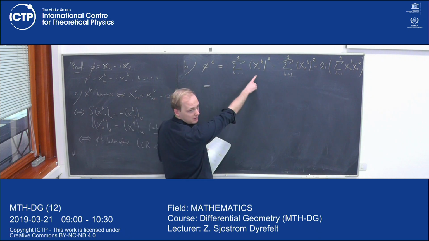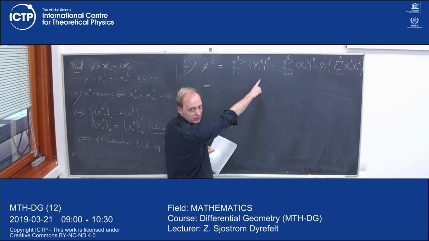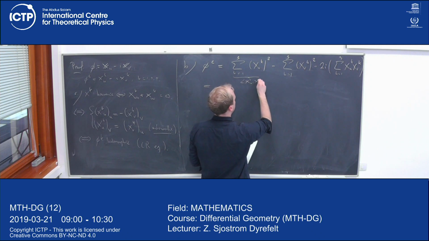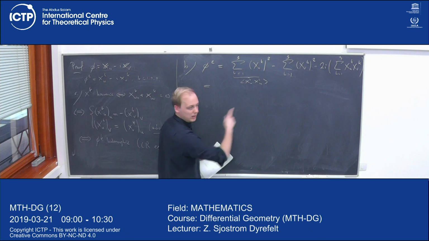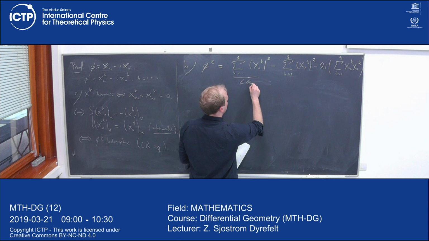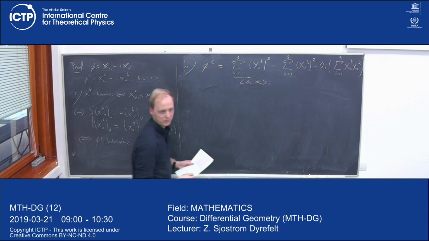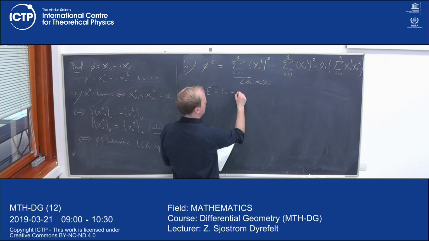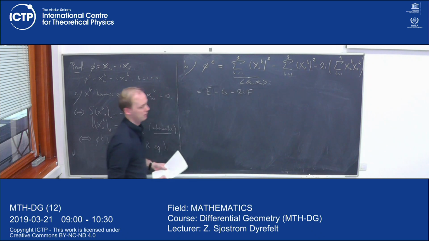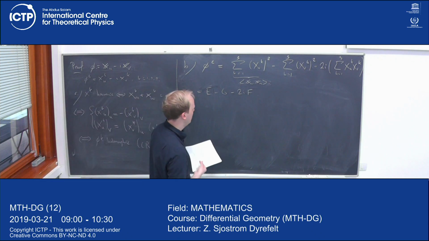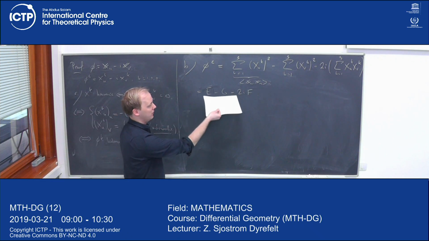Well, this is just E, actually. So E, this is x_u, and so on. This is what it is. And so this is equal to E minus G minus 2iF, in terms of, you remember, the coefficients of the first fundamental form.